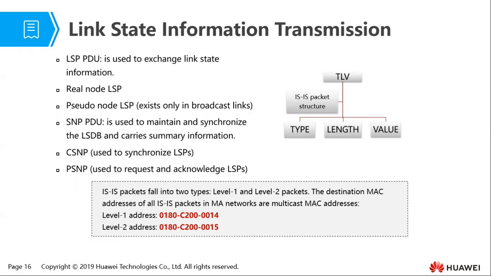Oh, I also didn't talk about TLV. TLV is what we normally refer to as a type length value. So the IS-IS packet structure takes this modular structure. Most of the time when we say that a protocol takes the TLV structure, it means that that protocol can be extended.